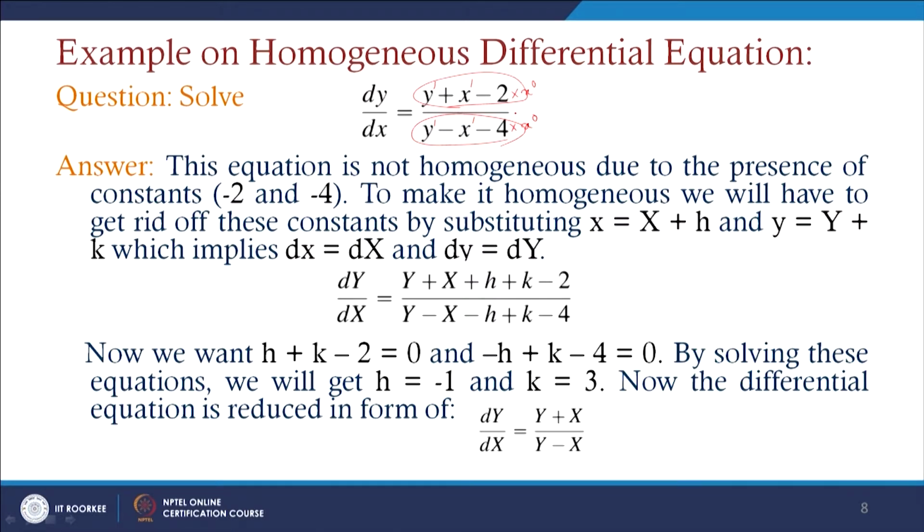Suppose small x is capital X plus h and small y equals capital Y plus k, which implies, since h and k are constants, that we can write dx as dX and dy as dY, where h and k both are constants.